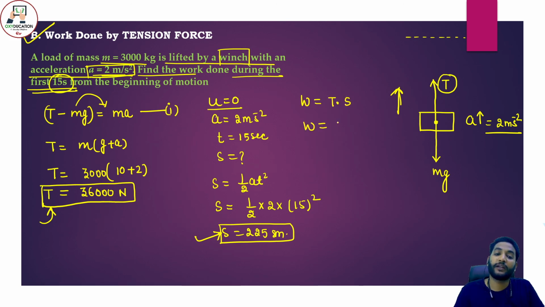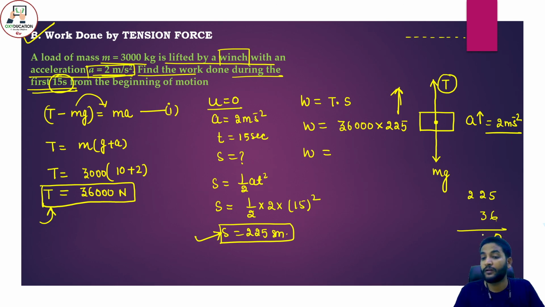That is, how much is tension? 36000 multiplied by 225. So the value of W, you can multiply 225 by 36. Multiplying by 3 here, 3 fives are 15, 3 twos are 6, 1, 7, 3 twos are 6. This gives 8100, and 3 zeros were already there, 1 2 3.